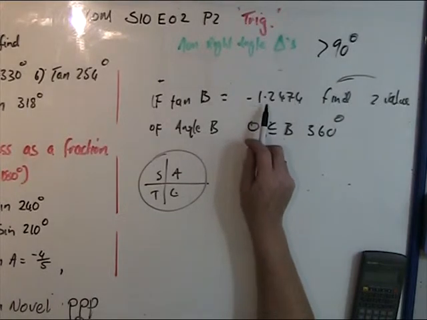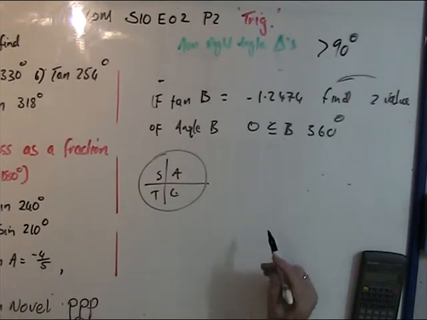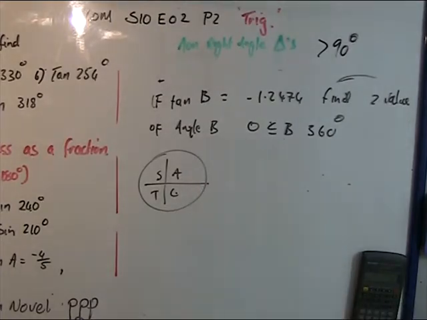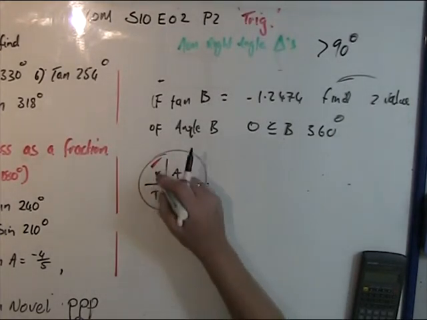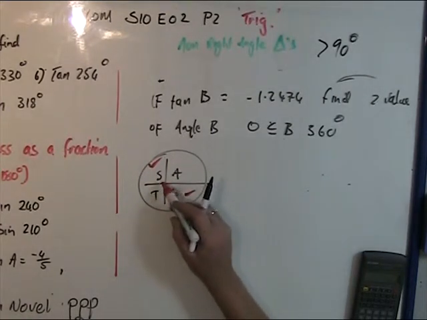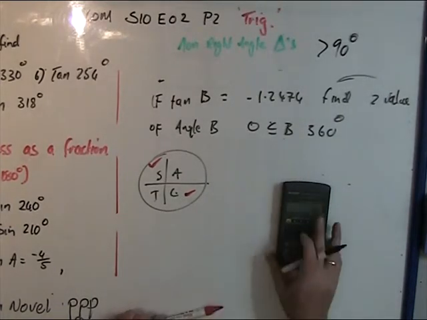So we're looking at minus 1.247. In which quadrant is tan negative? Tan is negative in this quadrant and this quadrant. They're all positive here; tan is positive here. So I'm dealing with these angles here. How do I find my angle?